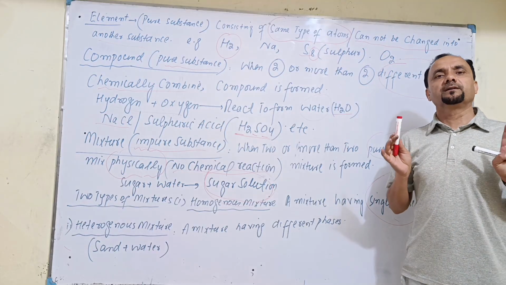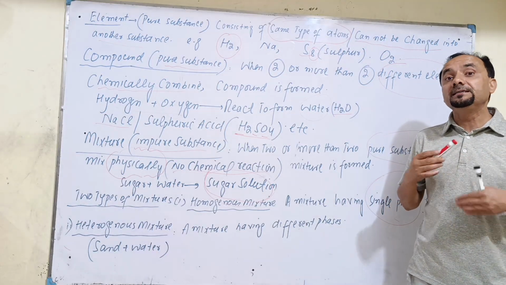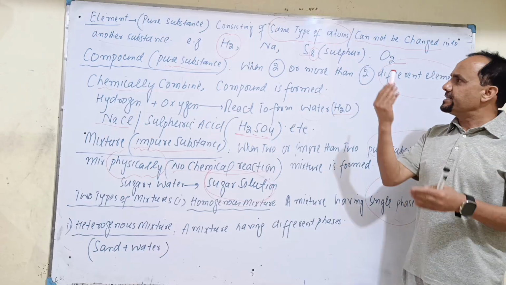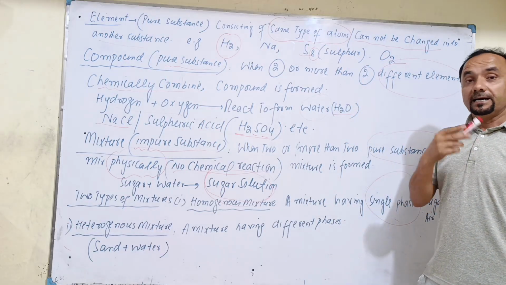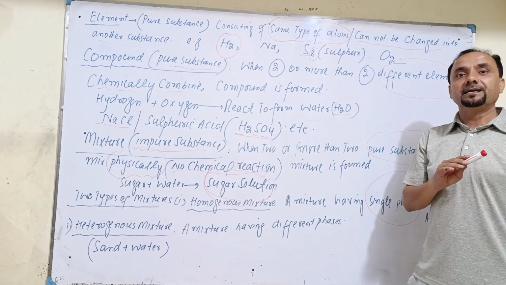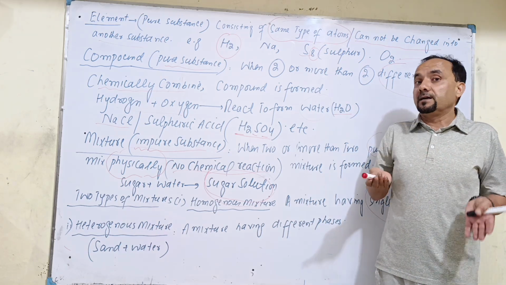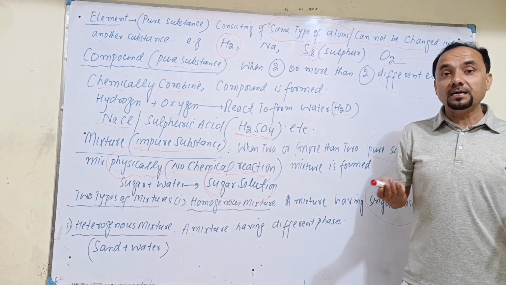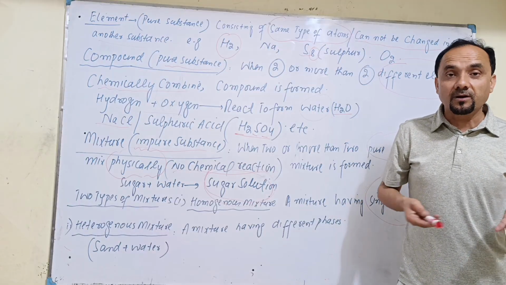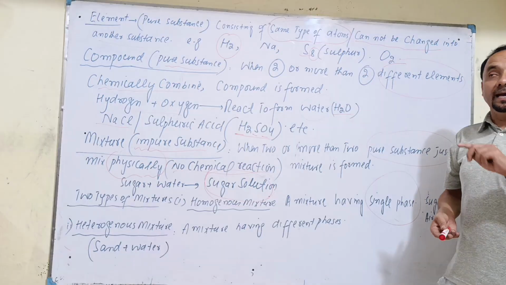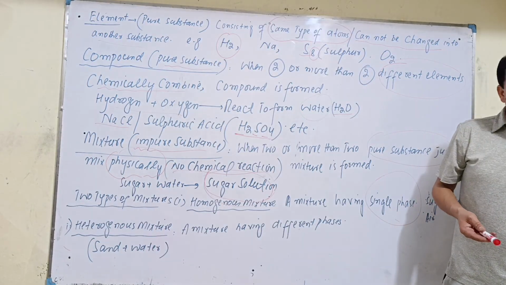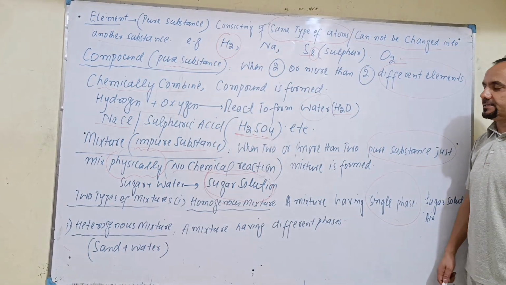You can't see the sugar because the sugar has dissolved in that water. So you can just see water, but inside water there is sugar. And the water that you are drinking, that is called mineral water. There are so many minerals, but you can't see a single mineral because the minerals are mixed in that water, and they're giving you one look. One look is called single phase.